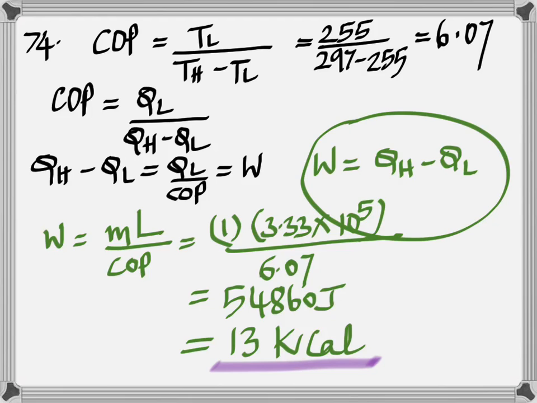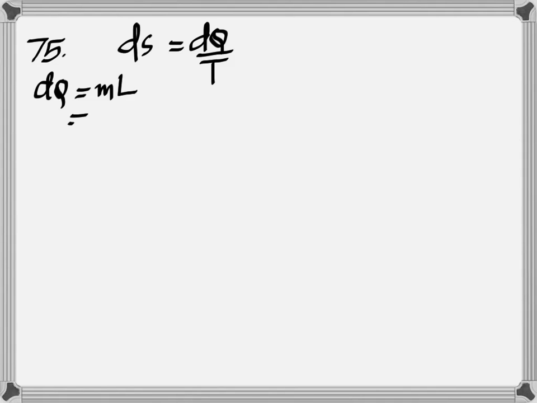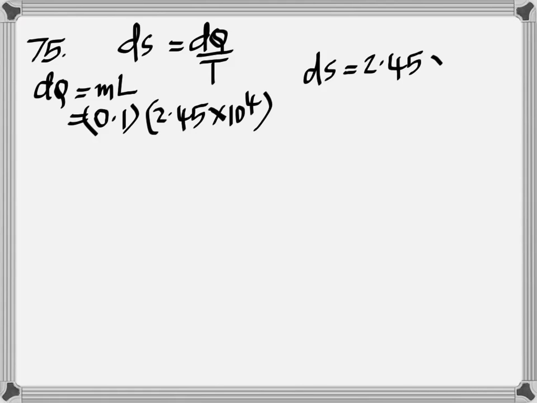Okay, so you're asked to find the net change in entropy in this case. That is the formula for change in entropy. And here it goes from the molten state to the solid state, doesn't it? So it's again change of phase, mass times the latent heat, 0.1, that's 100 grams, times its latent heat.